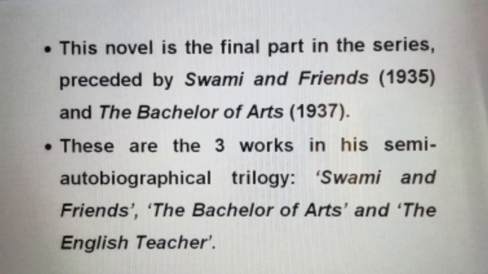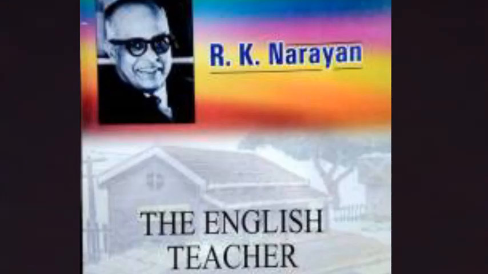These are the three books in Narayan's semi-autobiographical trilogy: Swami and Friends, The Bachelor of Arts, and The English Teacher. This is a very, very important point. Remember the three books.